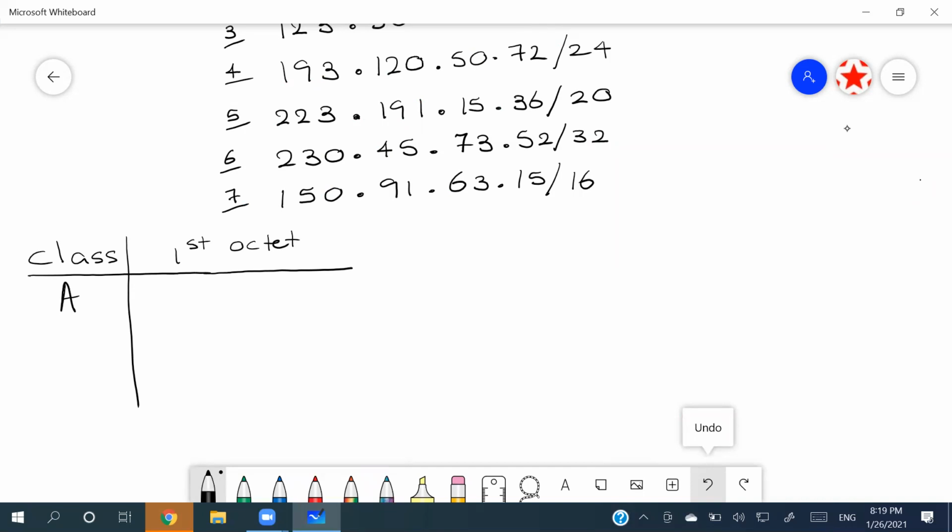Now when it comes to the first octet of class A, the most significant bit of the octet is going to act as a leading bit, one that does not change. So the first octet has 8 bits, so the most significant bit is going to be a constant. So it is going to be 0 always.